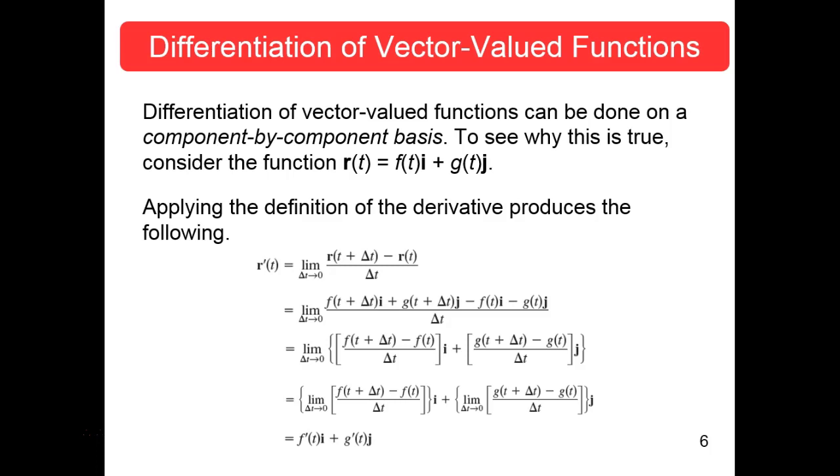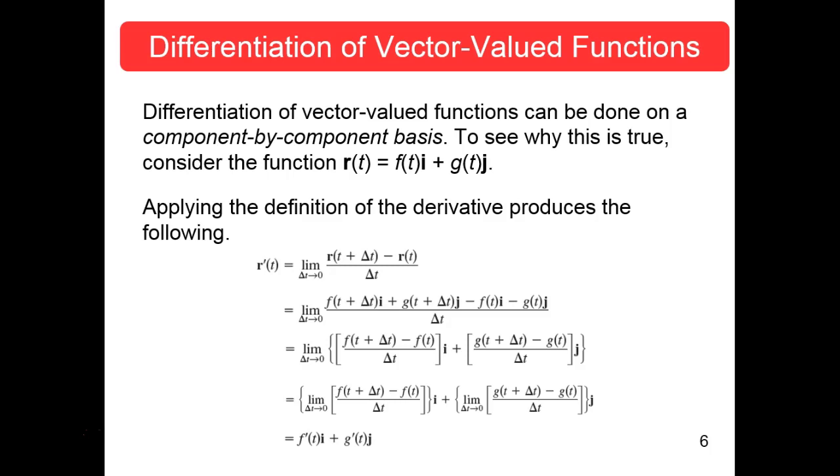Okay? To see why this is true, consider R of t is some f of t i plus g of t j. Now remember that f of t and g of t are scalar functions, but their values are the components of the vector R of t. Applying the definition of a derivative produces the following. R prime of t, the limit as delta t approaches 0, is R of t plus delta t, a little bit beyond t, minus R of t, so that's your change of R over your change of t, and that's what dr dt is.